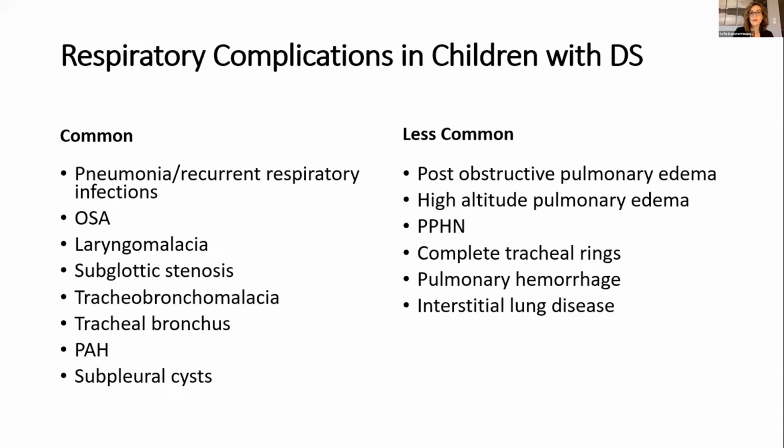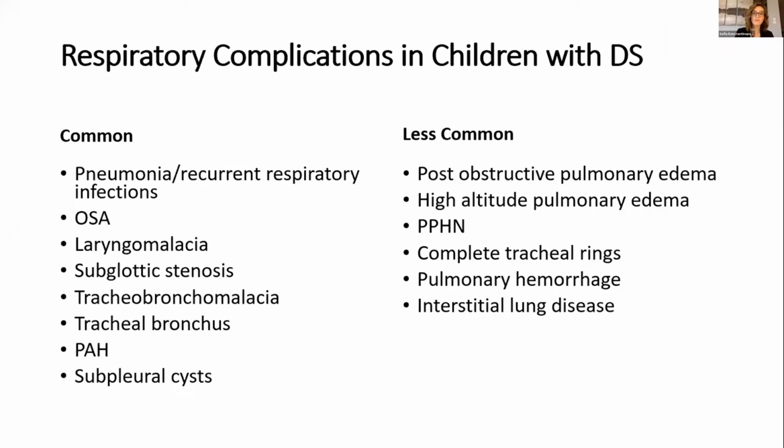With regards to the respiratory complications in children with Down syndrome, we have the most common ones and the less common ones, but another way of looking at this is to group them into categories depending on the system involved. And so we have either involvement of the airway, upper airway and lower airway anomalies, or we have sleep disordered breathing, otherwise known as obstructive sleep apnea, which is the most common respiratory complication in children with Down syndrome.